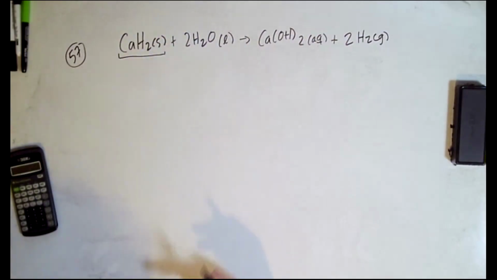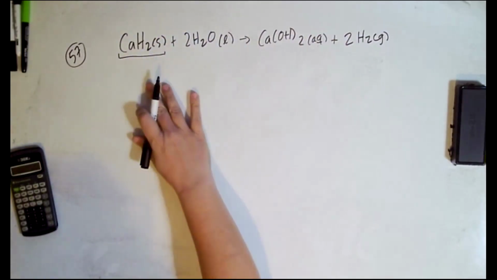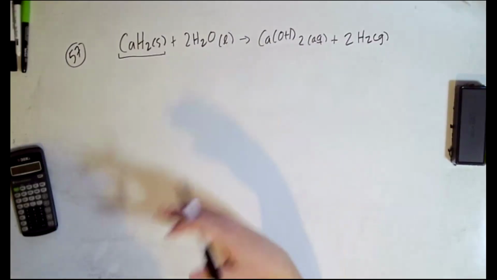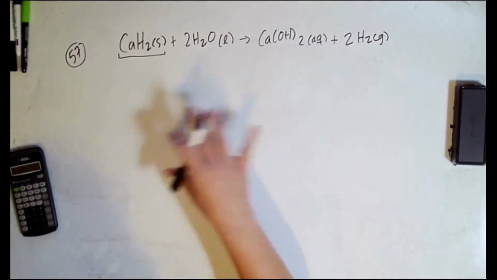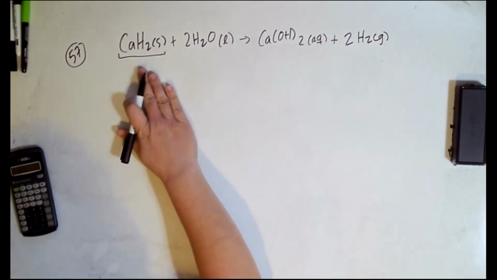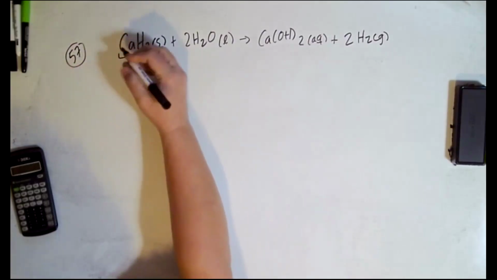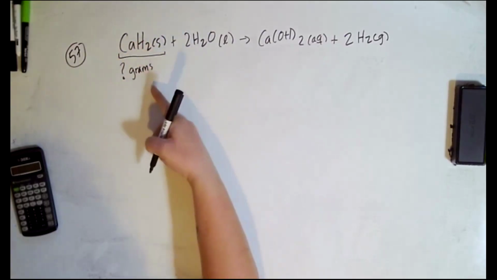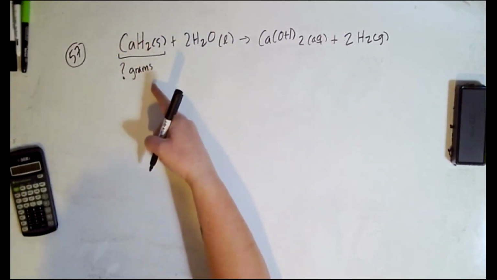And again, if you look at a question like this and you're not sure how to approach it, start by writing out your equation and then listing the information underneath the parts of the reaction where information is given. So here they're asking how many grams of the calcium hydride. So we'll put a question mark in grams here, so we know at least what we're focused on finding.